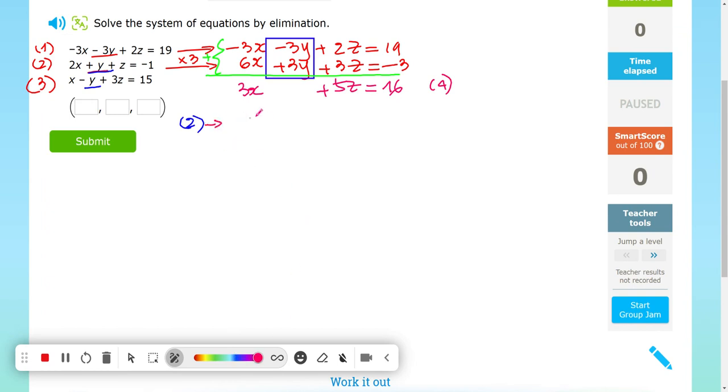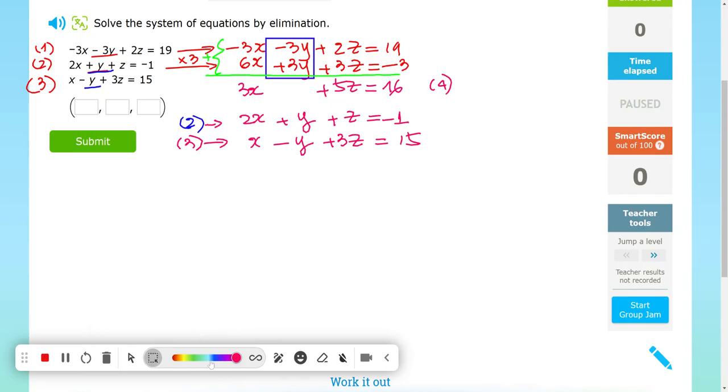So let's do this. 2x plus y plus z equals negative 1. Equation number 3, I just rewrite, I'm not doing anything: x subtract y plus 3z equals 15. Now take a look.